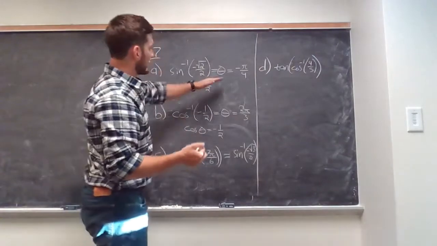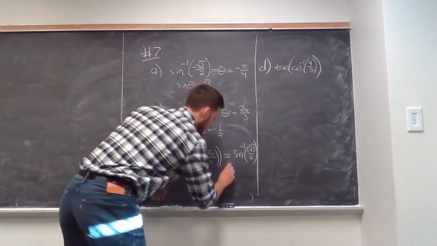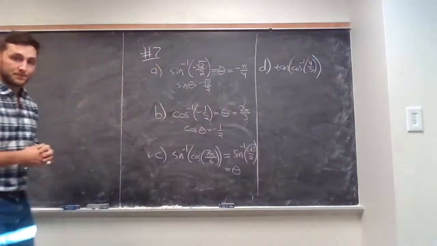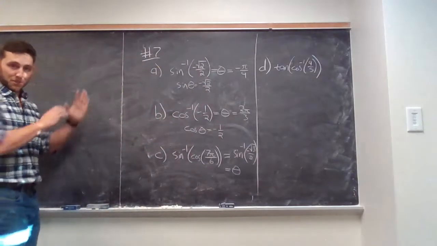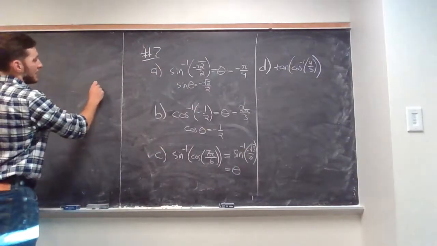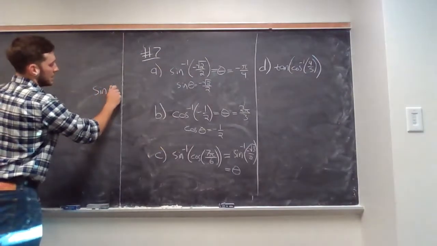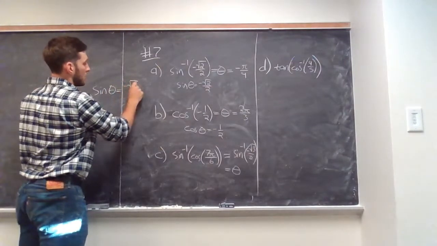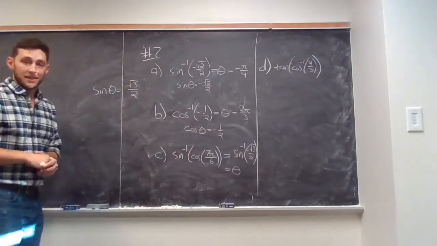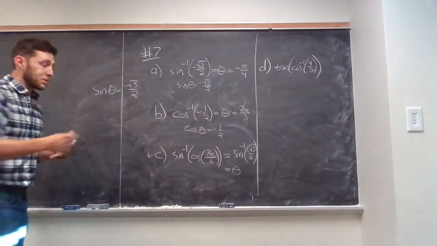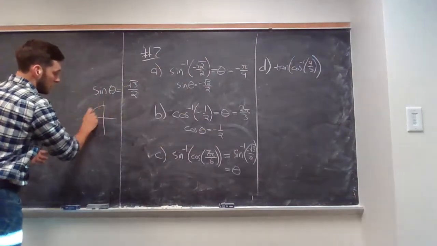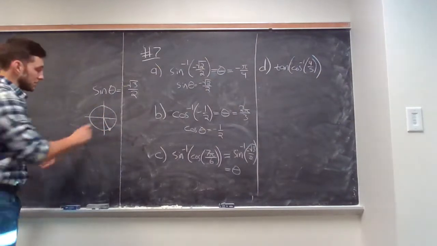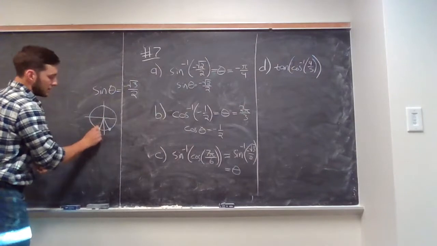Now, luckily for us, we've just done a bunch of practice problems like that. Let's call that equal to some angle theta. If I translate that to sine of theta equals negative square root of 3 over 2, I say, hey, when is my y-coordinate negative square root of 3 over 2? Well, that happens either at 5 pi over 3 or 4 pi over 3.